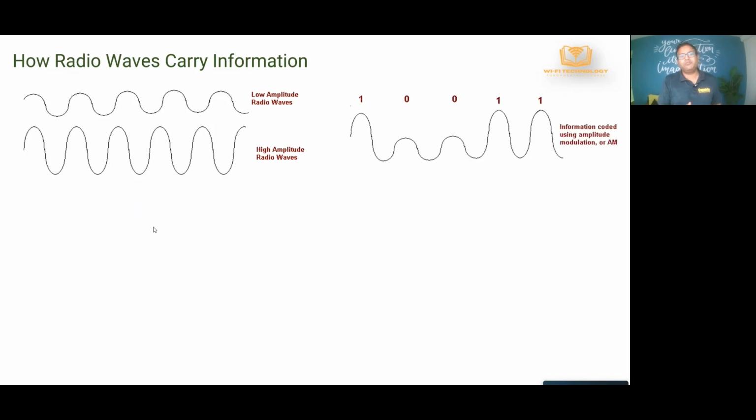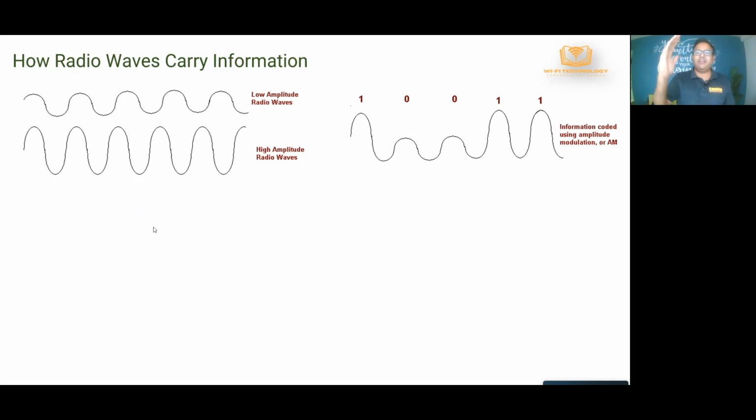Now, if you vary the property, how can you carry the information? For example, let's say I want to send a series of ones and zeros, which is basically my information. So I want to send 1 0 0 1 1. To transmit a 1, I will start sending the waves at a higher amplitude.